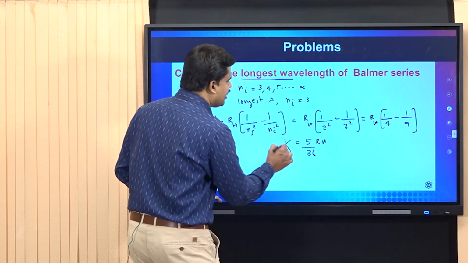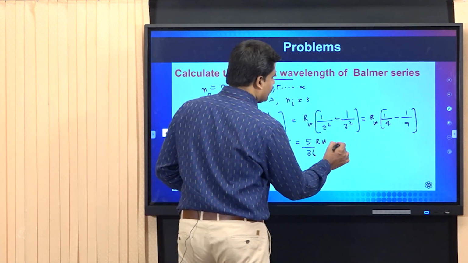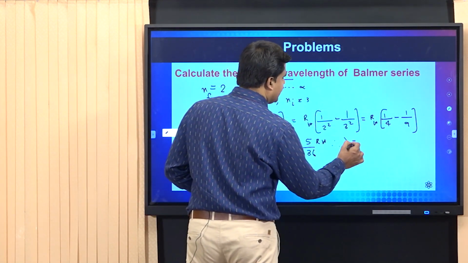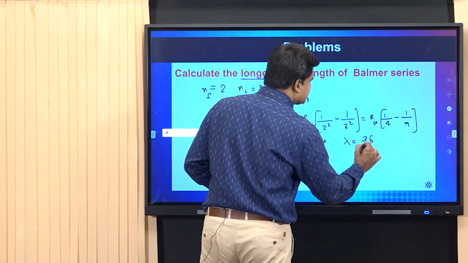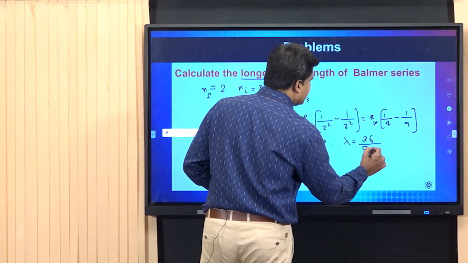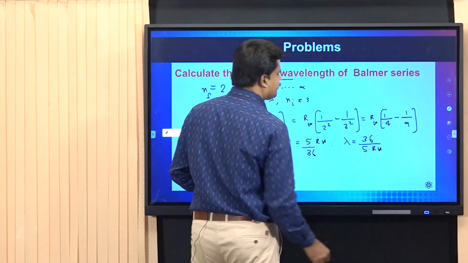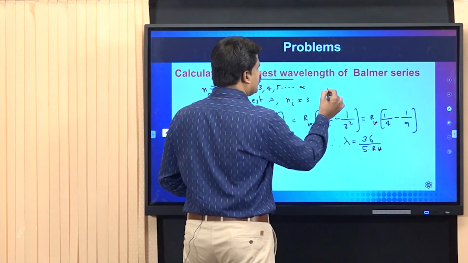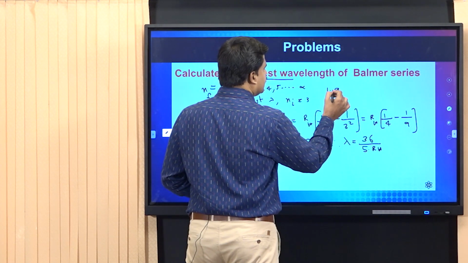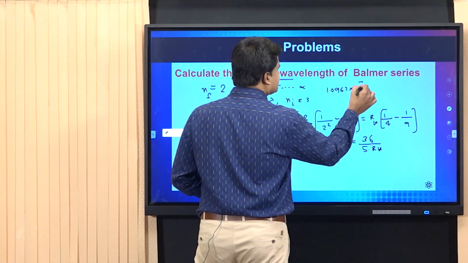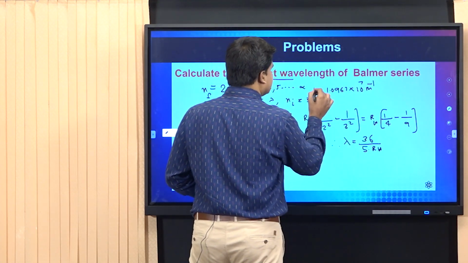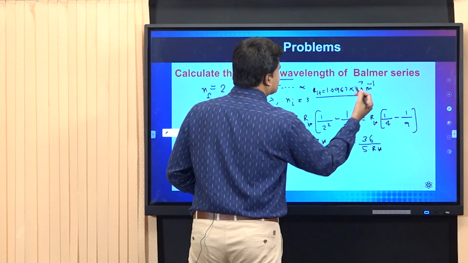This is 1 by lambda. Therefore, the value of lambda, taking reciprocal, is 36 divided by 5 into RH. We know the value of RH equal to 1.0967 into 10 raised to 7 meter inverse. This is the value of RH.